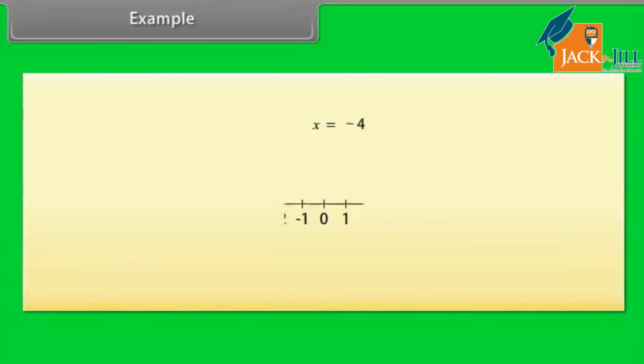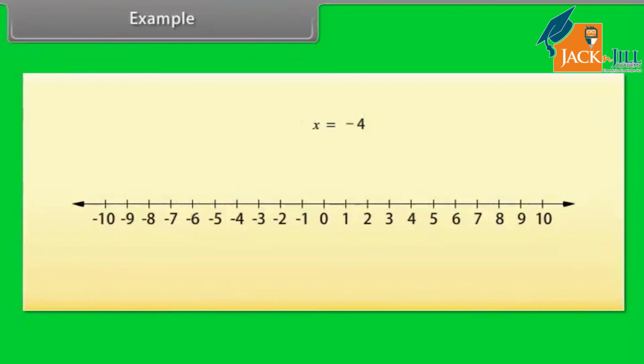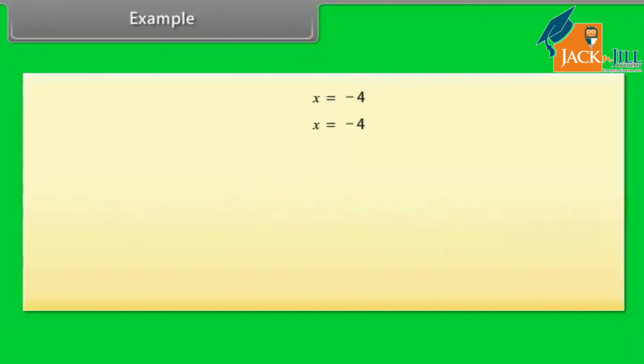Now let's see where it lies on the number line. Here it is. Now we know that x is equal to minus 4 can be written as x plus 0y is equal to minus 4. And this becomes a linear equation in 2 variables. So the equation reduces to x is equal to minus 4.